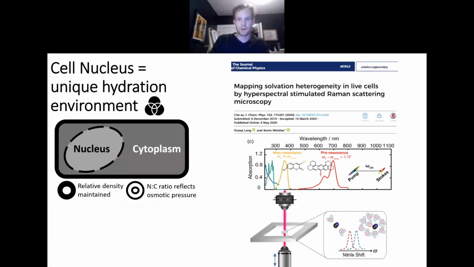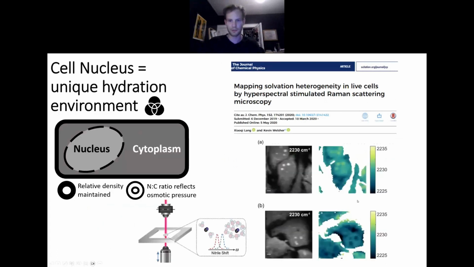And this is further compounded by studies where these groups have looked at small dyes that have a single hydrogen bond acceptor. This dye has a single nitrile group, which is really chemically unique, with a single lone pair that can accept a hydrogen bond. And they see that for that chemical group, when there's less water, it redshifts, and when there's more free water, it blue shifts. So if they can just measure this dye's spectrum, then they can see how that ties back to the hydration environment.